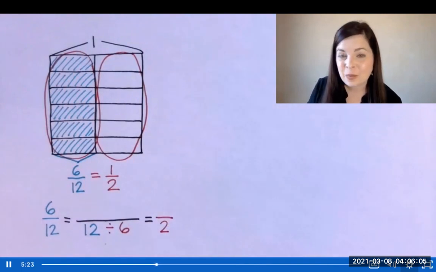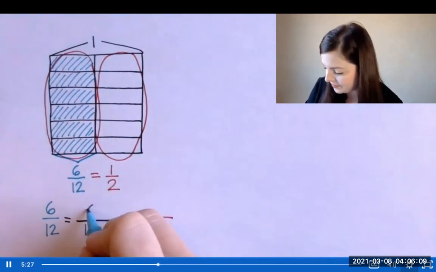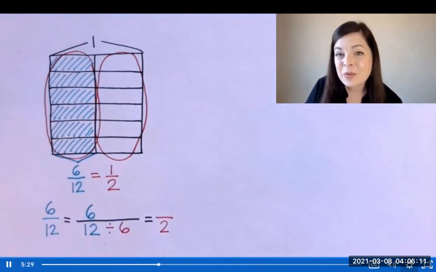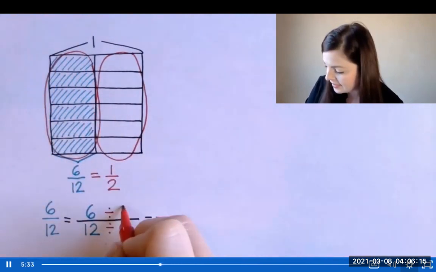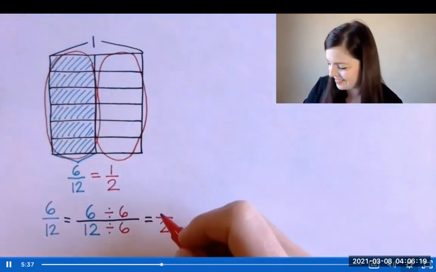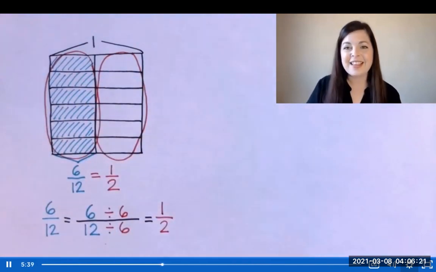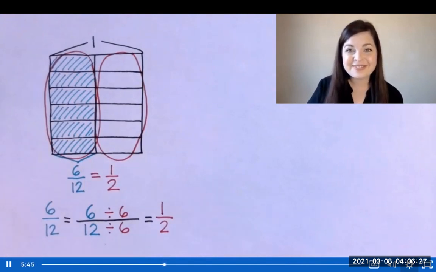In the beginning, we had 6 units selected. Then we composed groups of 6. And now we have 1 unit selected. So we've shown with division that 6/12 equals 1/2.